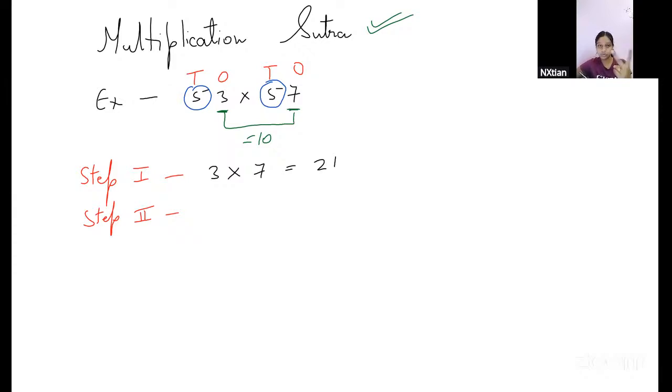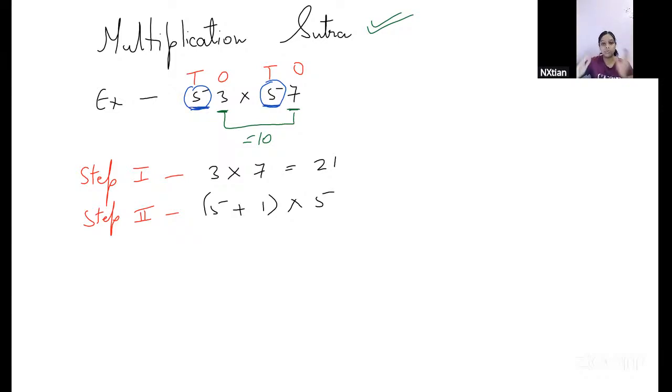Not to both the 5s, but since both are same, we will take only one 5 and add 1 to it. So it becomes 5 plus 1, and then multiply this with 5 itself.